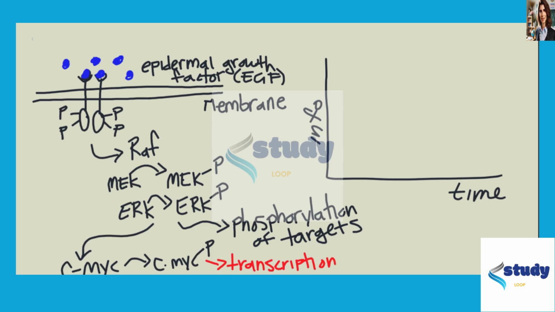And so I have here on the left already a signal transduction pathway of the epidermal growth factor, right? So part one here, the extracellular first messenger. That's out here, the extracellular first messenger.